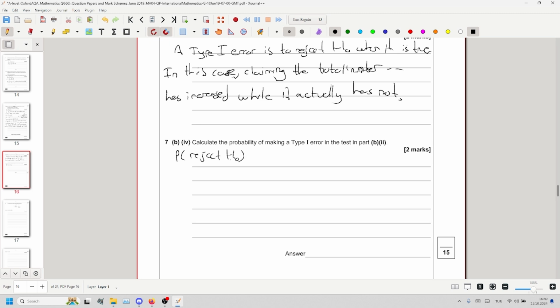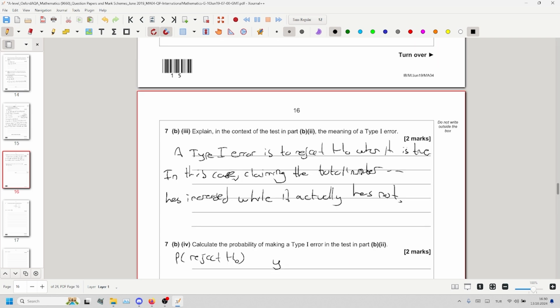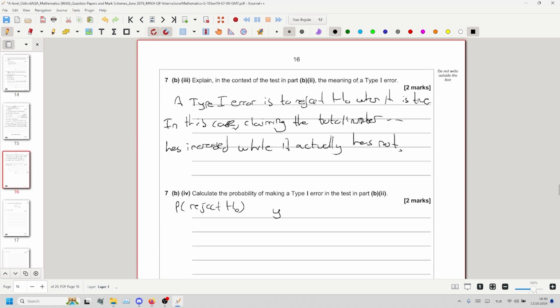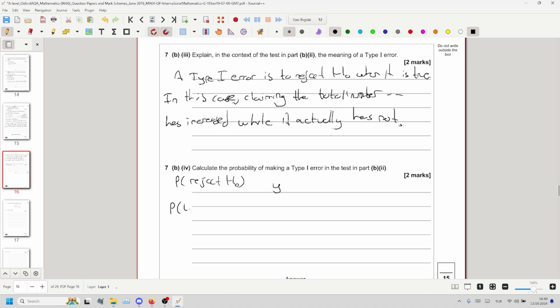We need the test value y such that the probability of our test statistic y being greater than or equal to our value y is less than 0.05. So this is 1 minus the probability that y is less than or equal to y minus 1.